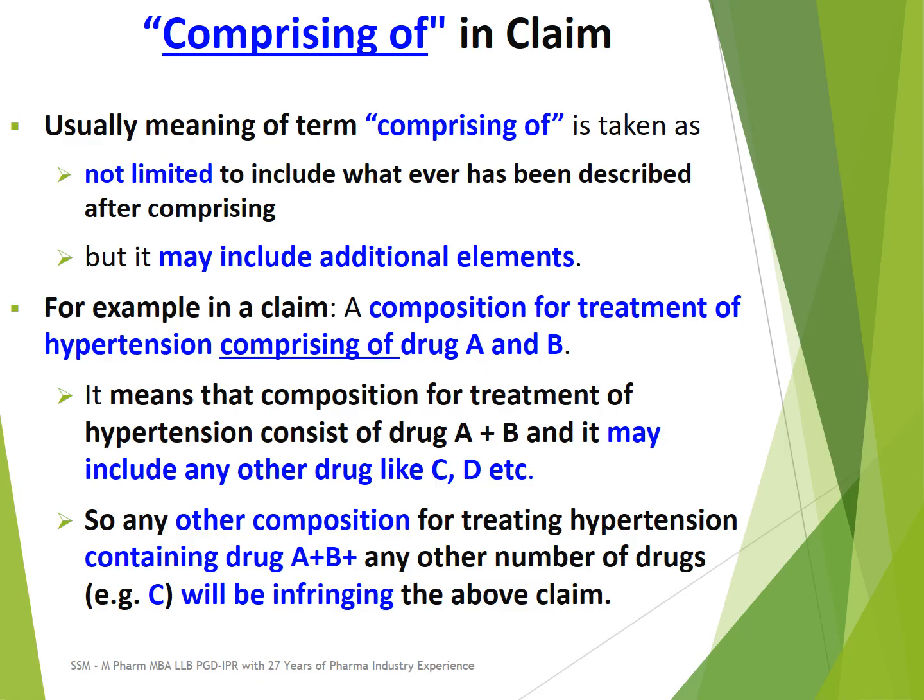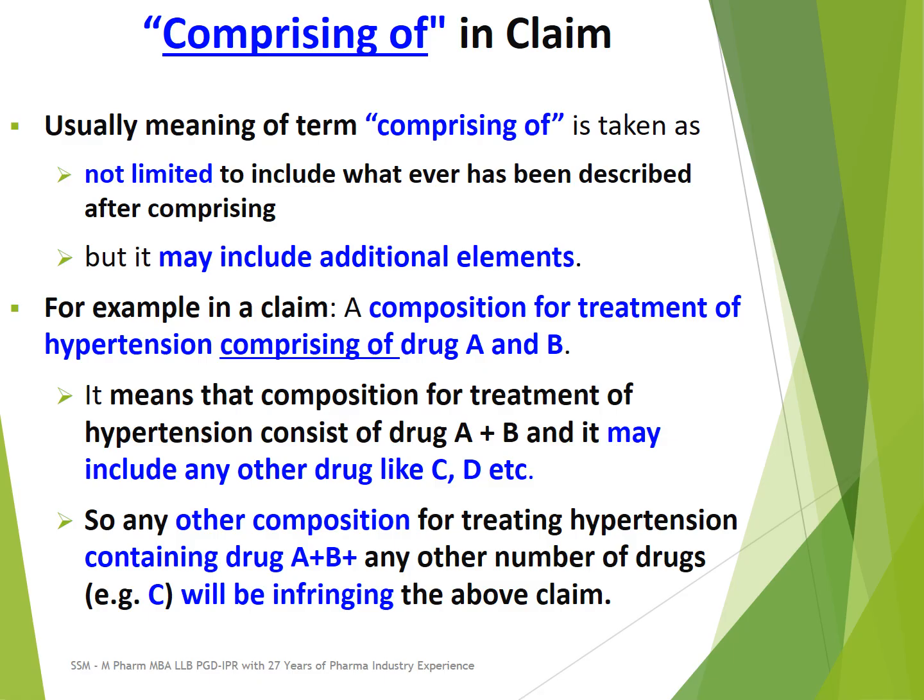Suppose in a claim, a composition for treatment of hypertension comprising of drug A and B. It means that the composition for treatment of hypertension consists of drug A and B, and it may include any other drug like drug C and drug E and so on.